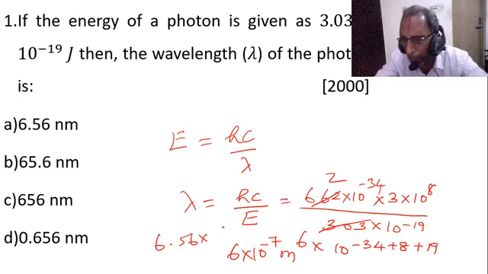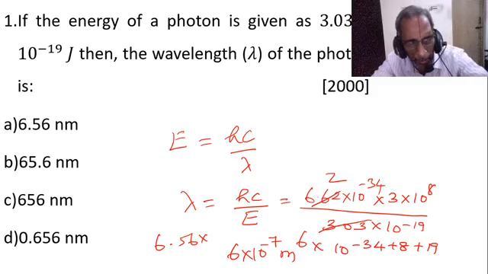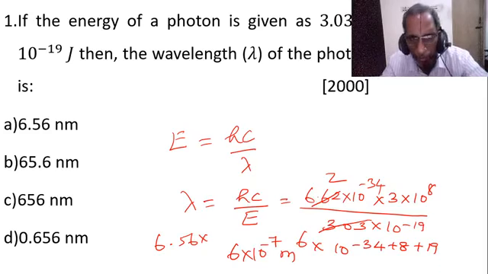Every time please make a note, you need not do the full calculation. You end up with a partial calculation. Here we have found it as 6, but no option 6 is there. Everybody, all the digits are 656. So you can safely take the value 6.56 into 10 power minus 7 meter.